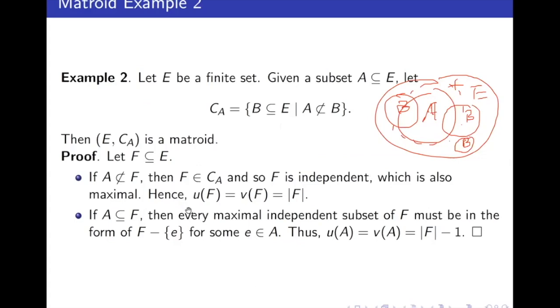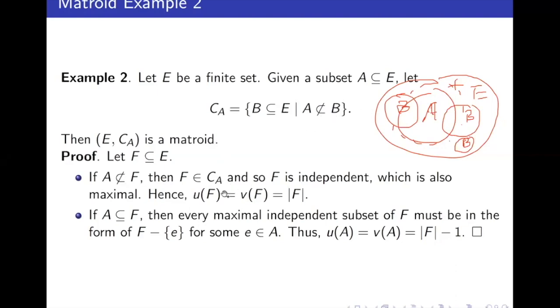So here's a proof. So let F be a subset of E. If A is not a subset of F, okay, then F is in CA, and so F is independent, which is also maximal, because if A is not in F, okay, so first, of course, F is one of these B's, so we know that F is in CA because A is not a subset of this set.